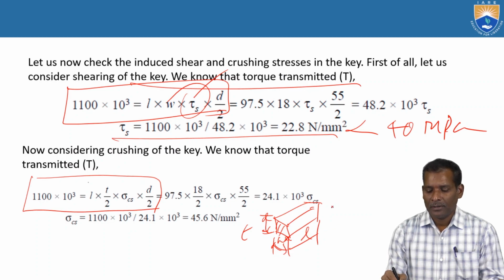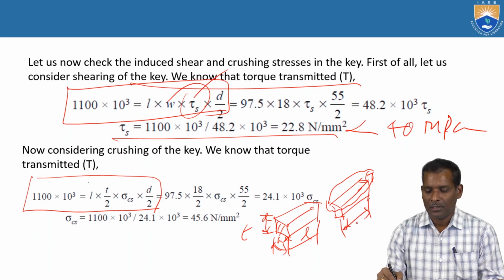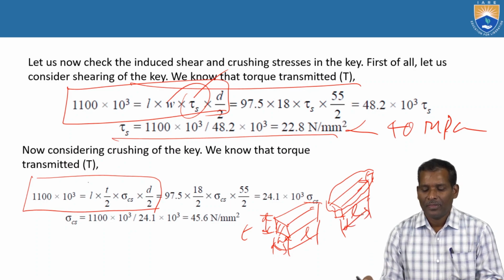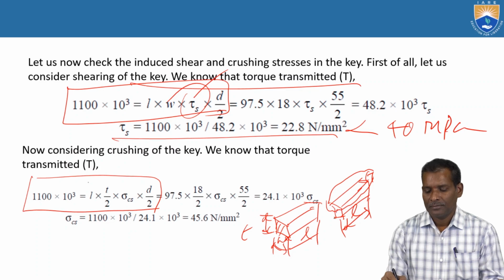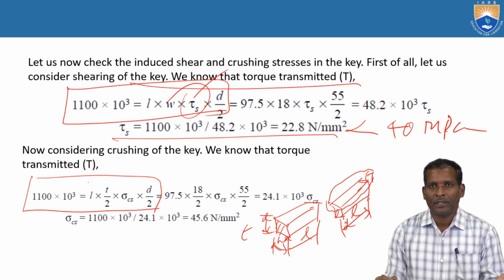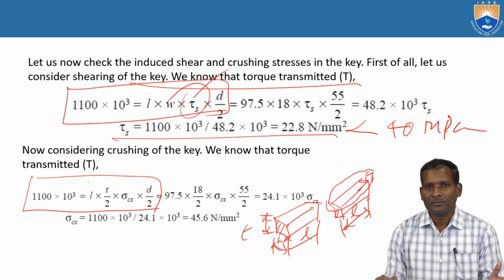Crushing is over T by 2, the thickness of the key, and length. So when considering shear, we take length and width, and when considering crushing, length and thickness.